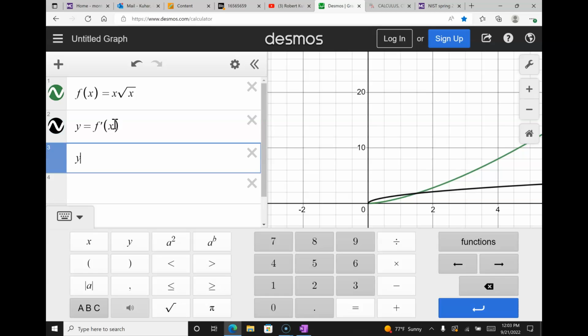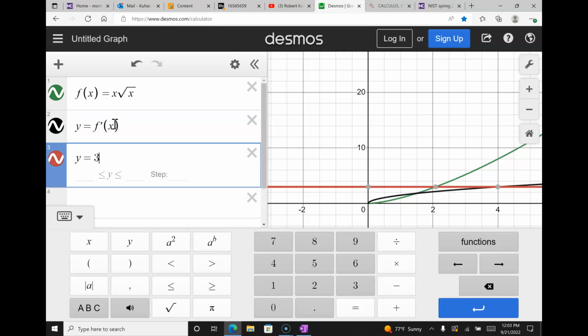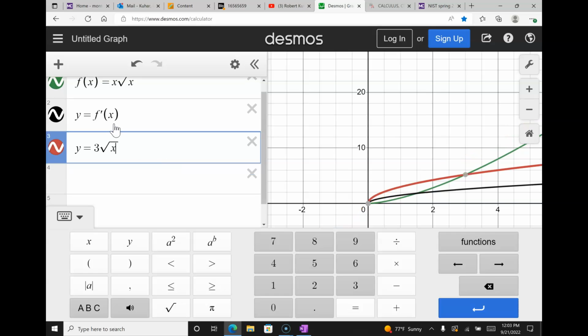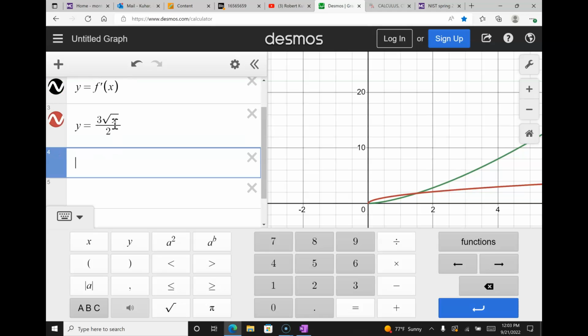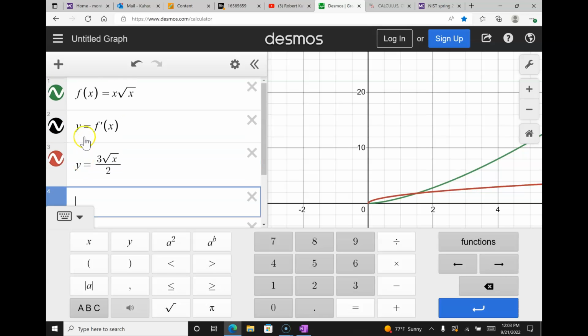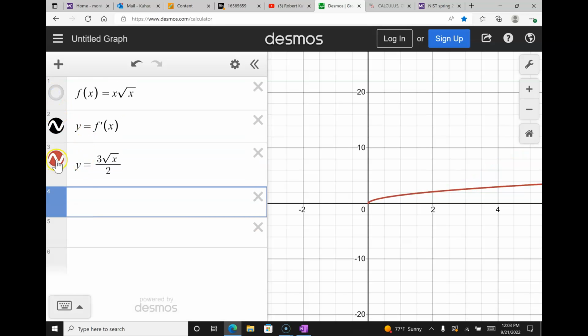And my answer, y equals 3 square roots of x, all divided by 2. And I'm going to hide my function, and I'm looking to see the red and the black curve match. Right? If they match perfectly, I know I got my derivative right. Yes?